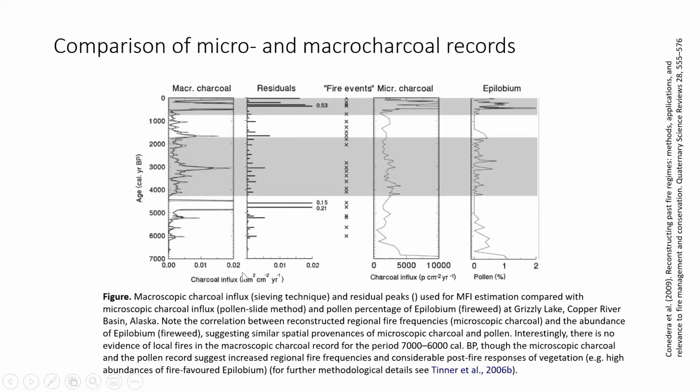What is interesting here is that the local record doesn't show any fires between 7,000 and 6,000 years, whereas in the regional fire record and also in the record of epilobium pollen you see indication of fire events at that time, which is quite an interesting result. But again, all these proxies are complementing each other.